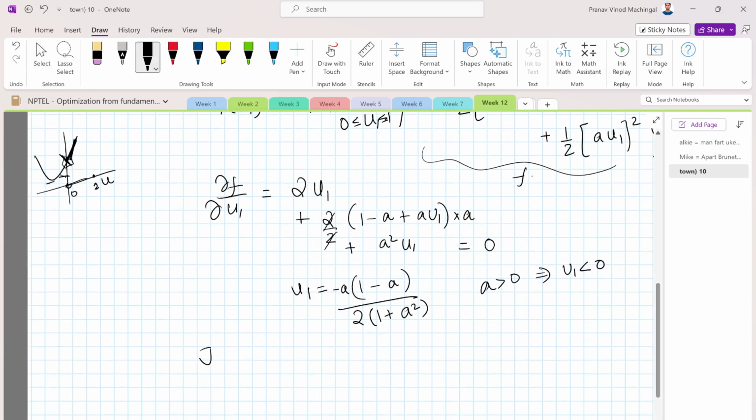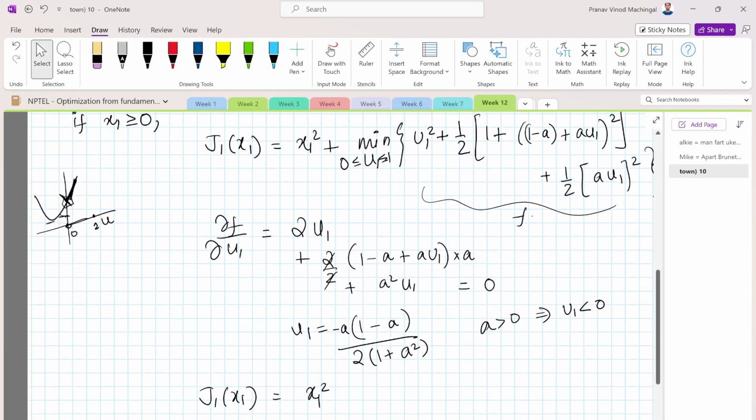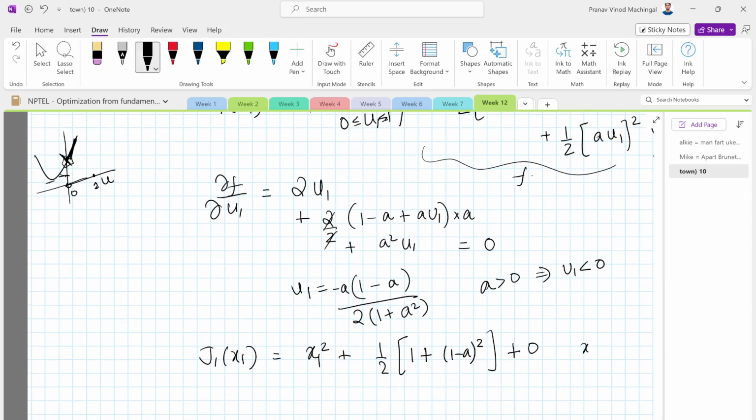So then what we'll get is j1 x1 is equal to x1 square, plus if I substitute u1 equal to 0, half into 1 plus (1 minus a) squared, and plus 0. This is when x1 is greater than or equal to 0.